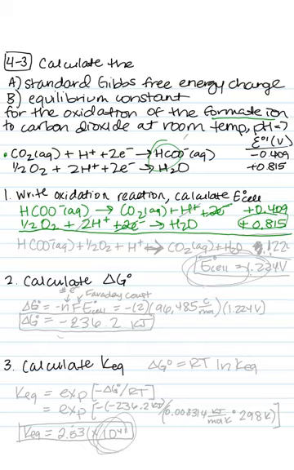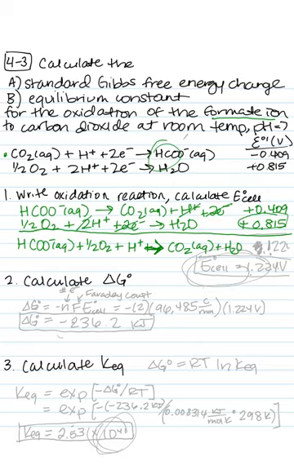Also, we cancel out the coefficients, because we have 1 proton produced from the oxidation of formate. So totally, if we combine formate anion and 1/2 O2 and H plus, remember the electrons cancel because they're both products and reagents, we will get CO2 and water.